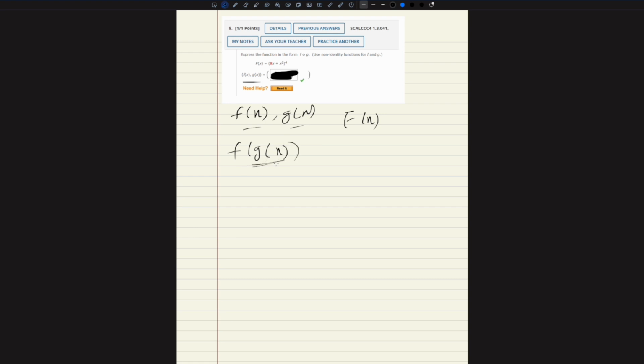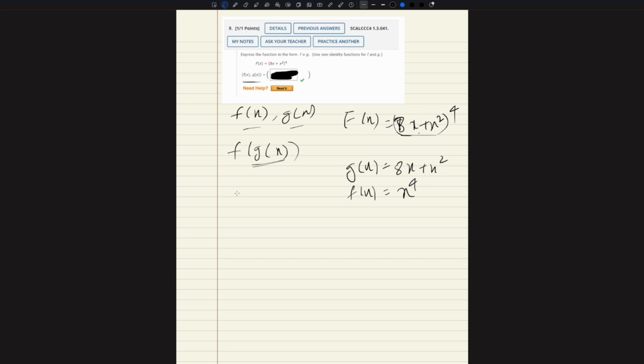So we need to find g of x at first, and our equation is 8x plus x squared, to the power 4. When I have the power 4, I would look inside first and then outside. So let's say our g of x is this whole value, 8x plus x squared, and f of x is x to the power 4.